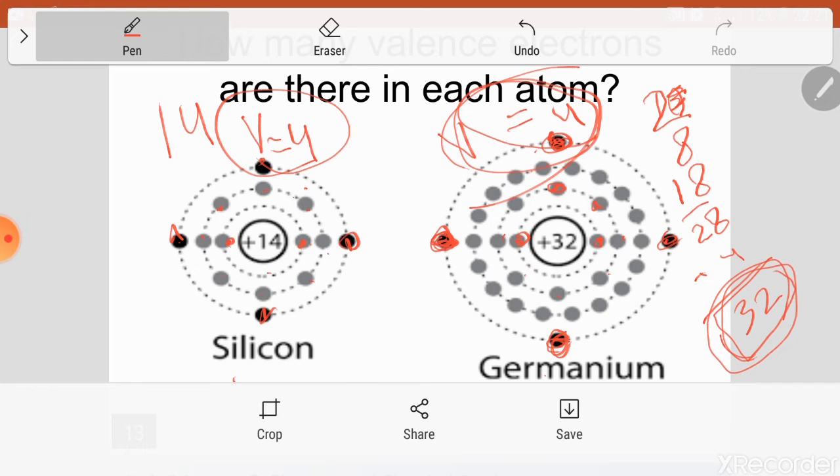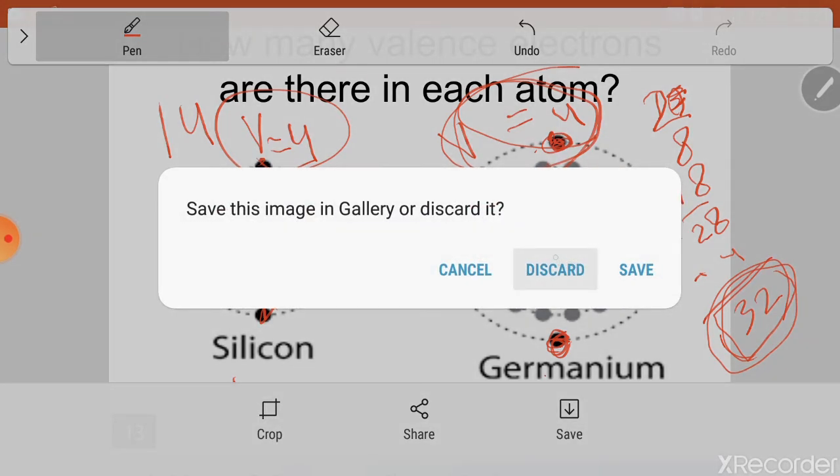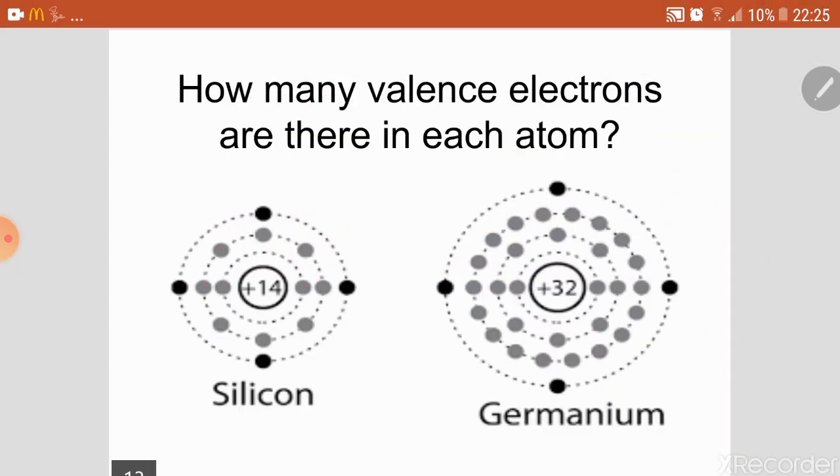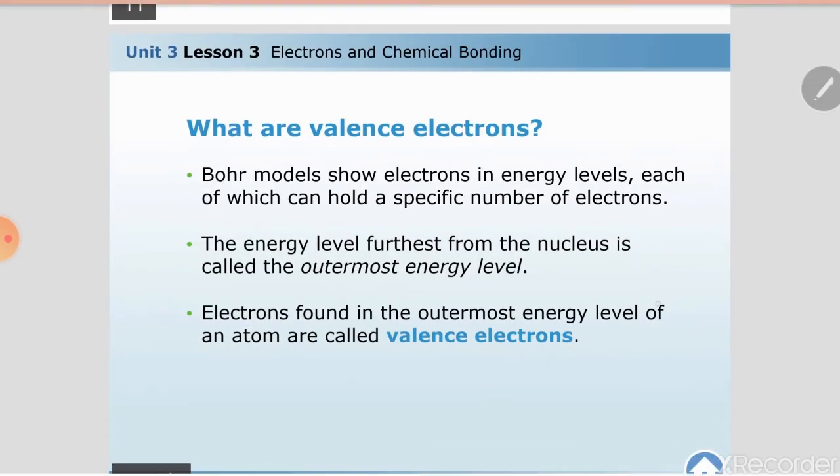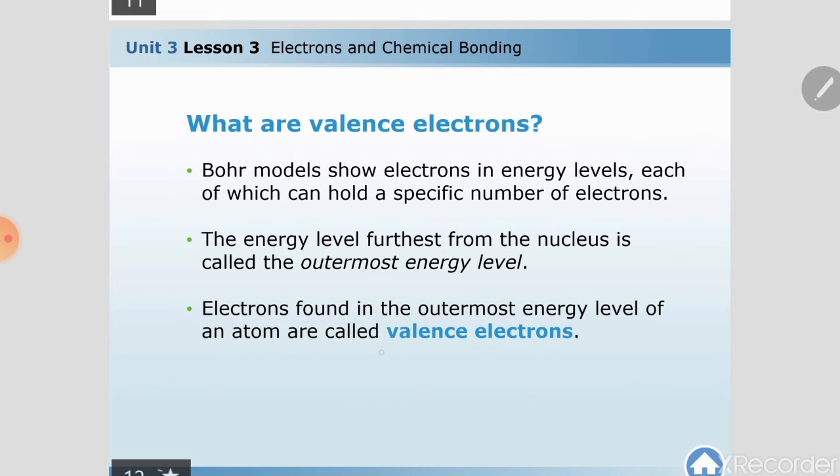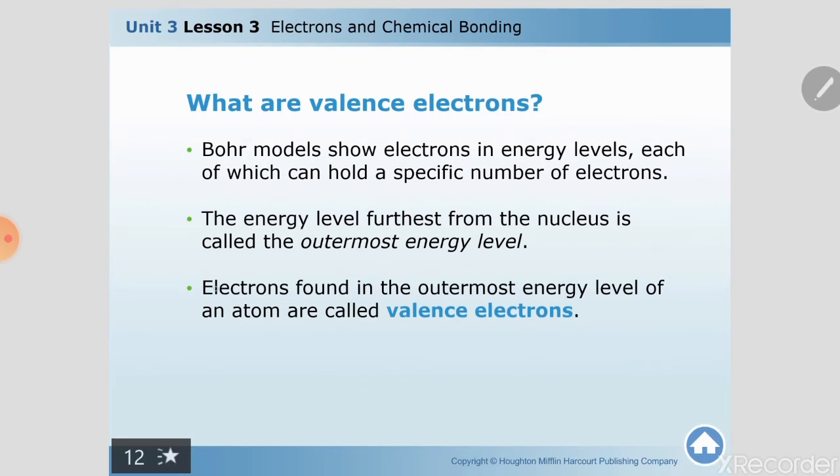That is not the problem here. Here we are saying that only the electrons in the outermost energy level can be used in chemical reactions. This is a very important fact to keep in mind.